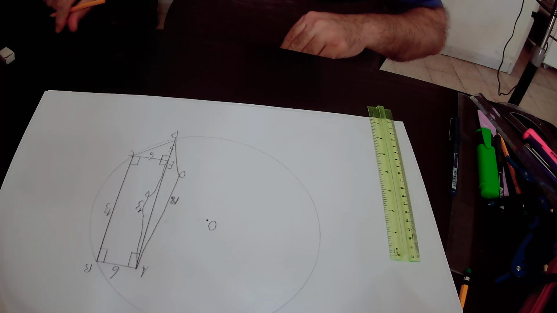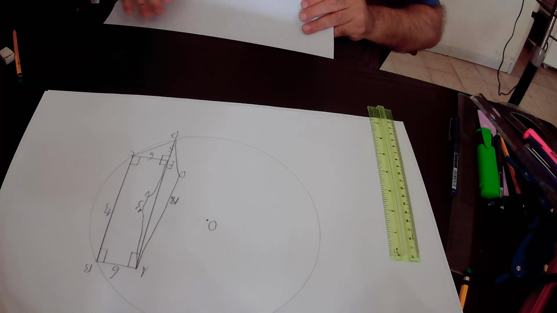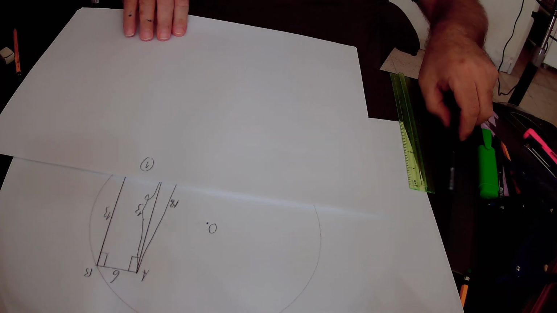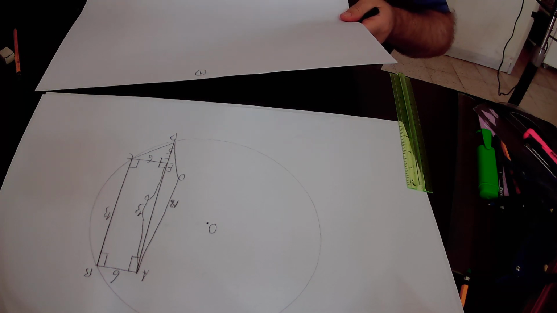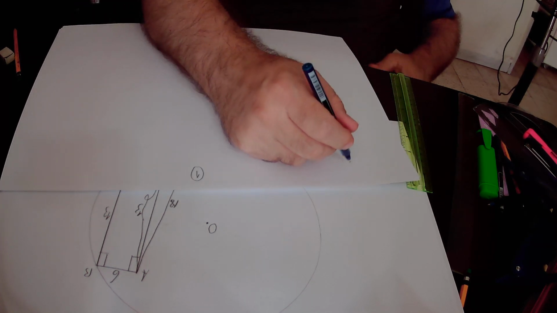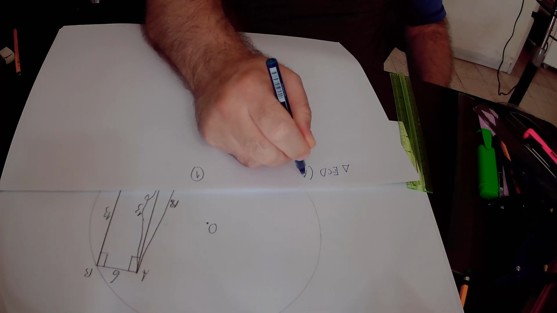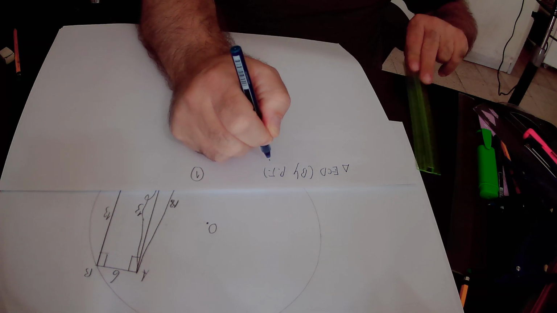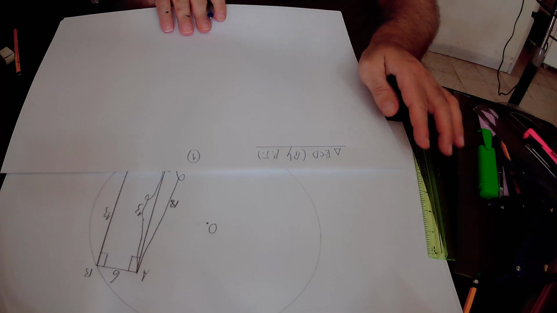In the small right triangle ECD, according to the Pythagoras theorem, the square of the hypotenuse equals the sum of the squares of the perpendiculars. So in the right triangle ECD, by the Pythagoras theorem, the square of the hypotenuse equals the sum of the squares of the perpendiculars.